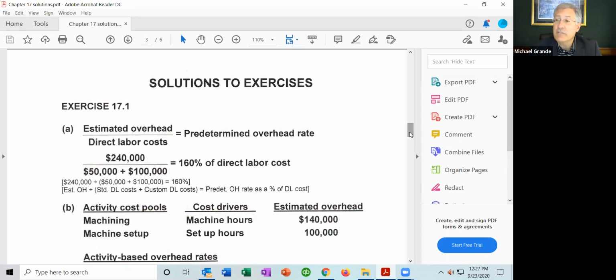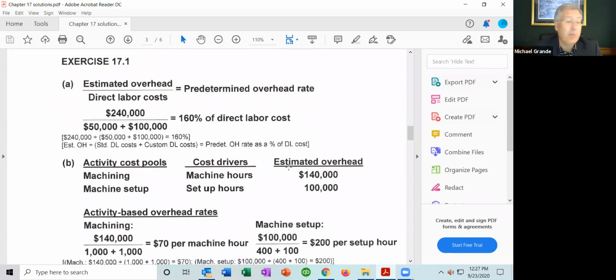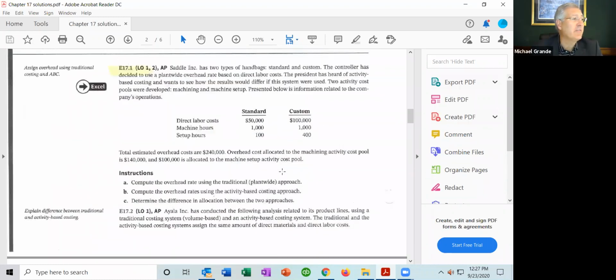You've got $240,000 of estimated manufacturing overhead divided by $150,000 of direct labor cost. So what they're telling you here is the predetermined overhead rate is 160% of whatever your direct labor cost is. Part B asks you to compute the overhead rates using activity-based costing.